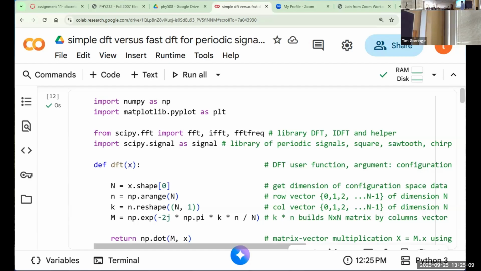So this is the first cell of my code, and it's just importing some functions that I'm going to use and defining a user function that's going to be my own Fourier transform function. So of course, here are the old friends, NumPy and matplotlib, because we want to use arrays, vectors, matrices, and their multiplication.